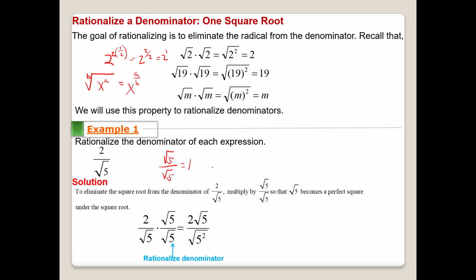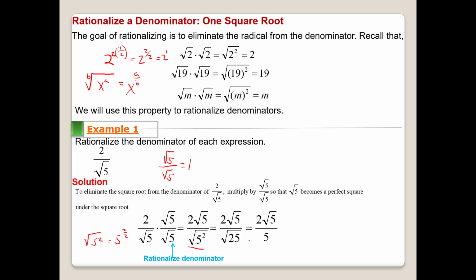That gives us our trick from above: the square root of 5 times the square root of 5 gives us the square root of 5 squared. Up top, we're left with 2 times the square root of 5. If you understand that the square root of 5 squared is the same as 5 to the power of 2 over 2, you should understand it's just 5, which is 5 to the power of 1.